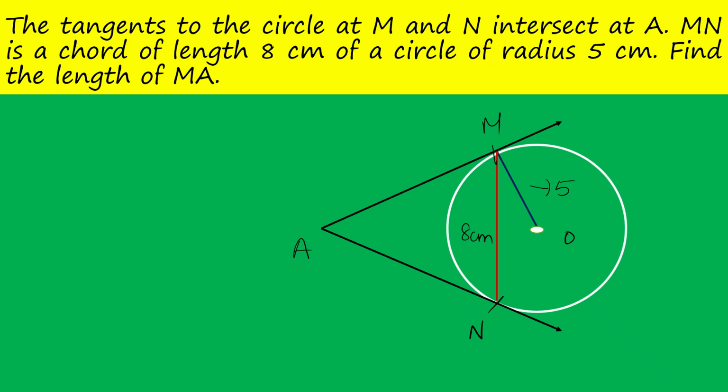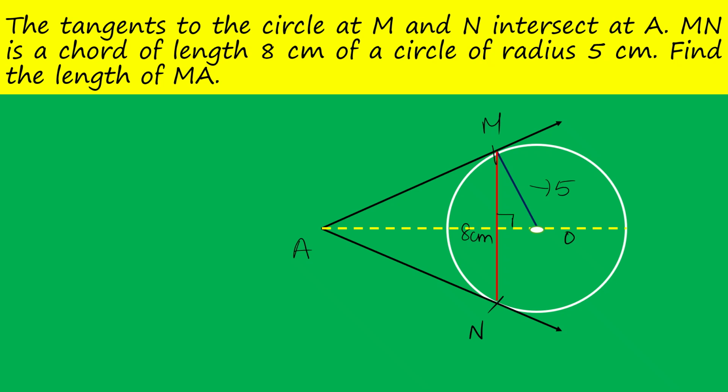So to find the length of the tangent AM, we just draw a line which passes through O and A. And we know from O till the part of the circle, it is a radius. So this radius will always act as a perpendicular bisector of the chord.